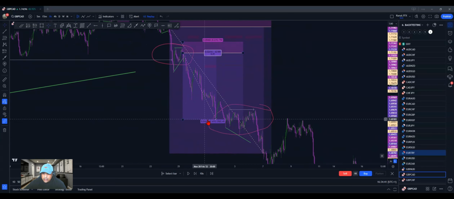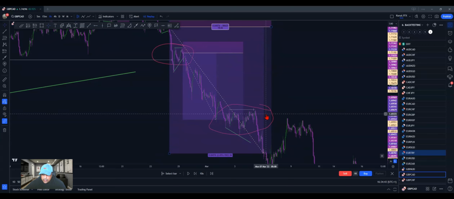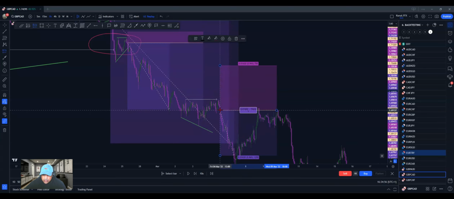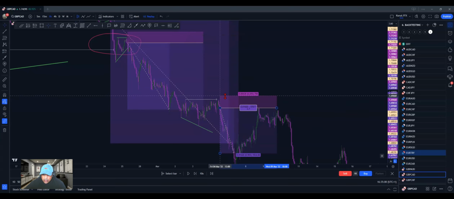I'll let that go. This one over here, though, this is an interesting one. This one right here is really nice. You could even argue pending order, or yeah, pending order right there. Getting taken right here. Call it 40 pips.